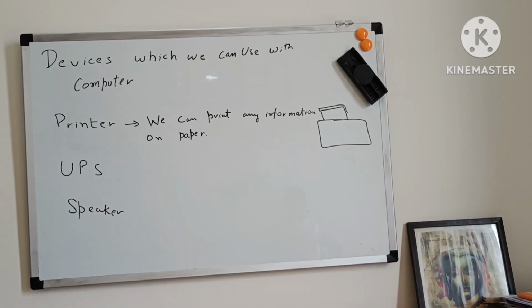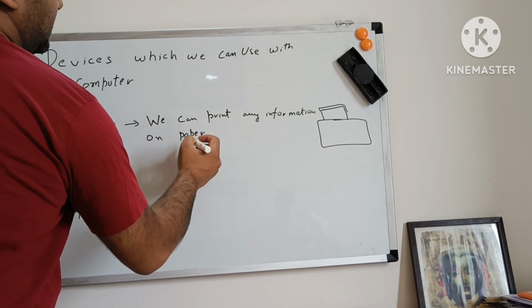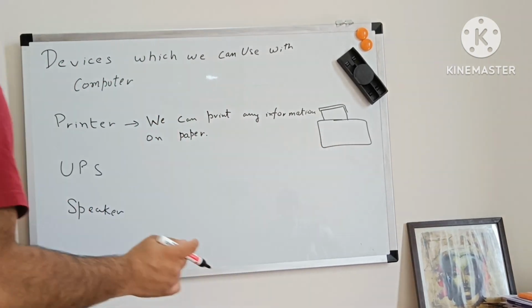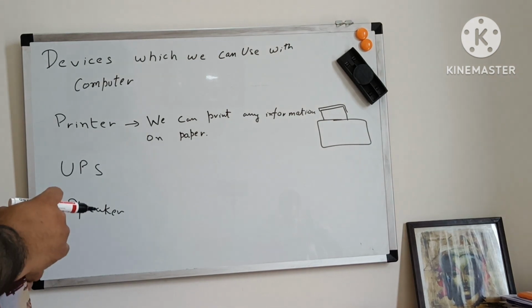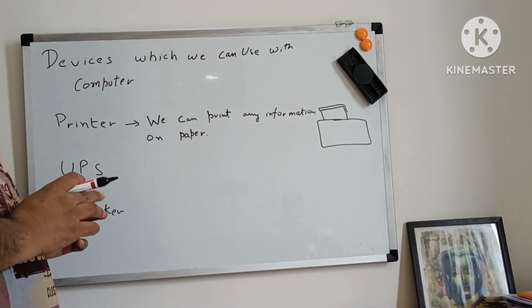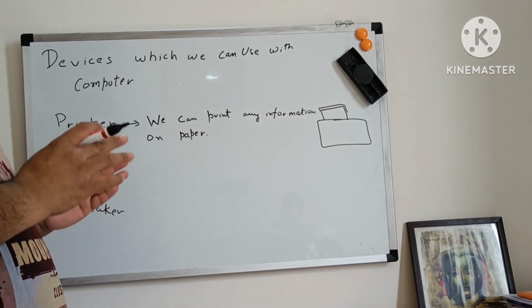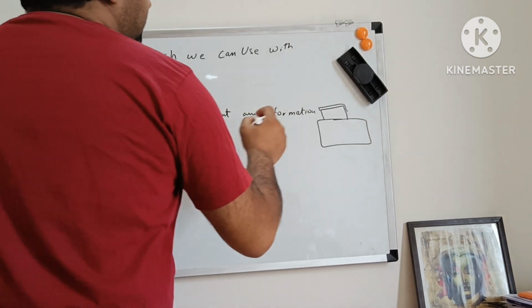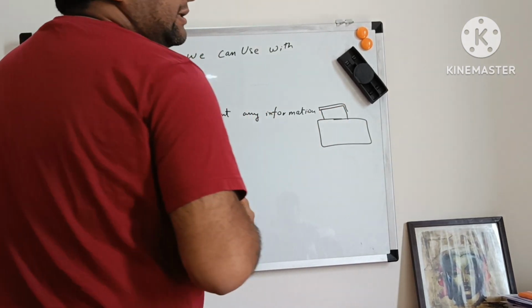We can print any information on paper. A printer can be connected with the computer, or using a Wi-Fi network, and we can print information from any device, not just a computer.